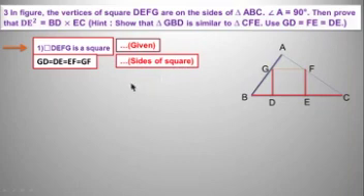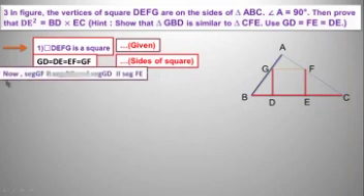Sides of square. Now segment GF is parallel to segment DE, and segment GD is parallel also to segment EF. Opposite sides of square are parallel to each other.